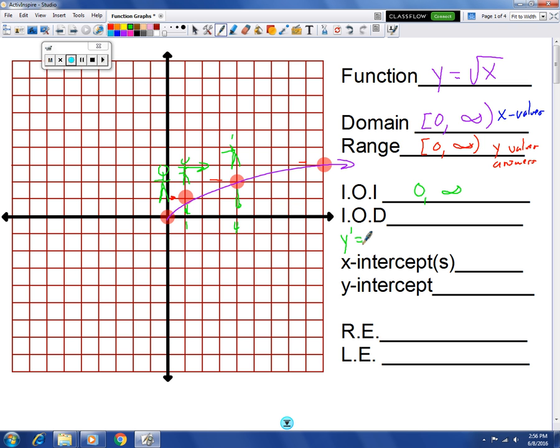But y prime is actually the derivative of the function y equals square root of x. And the derivative turns out to be 1 over 2 square root of x. When I substitute in 0 right there, I get a 0 in the denominator, which means the slope of that function at that point is undefined.